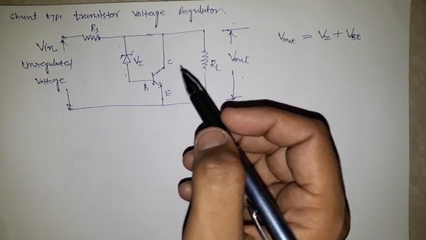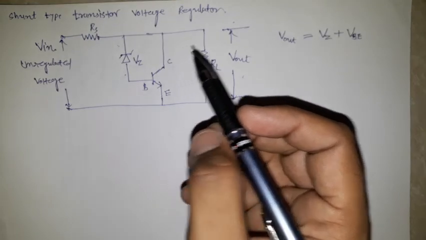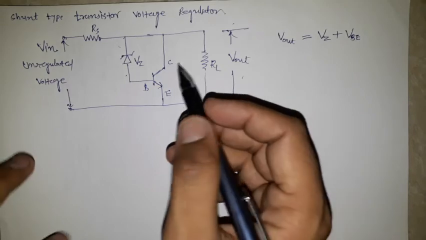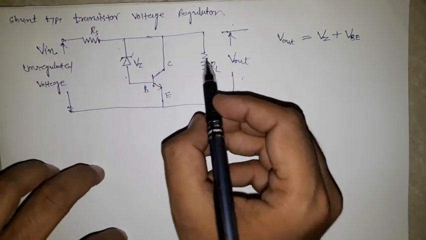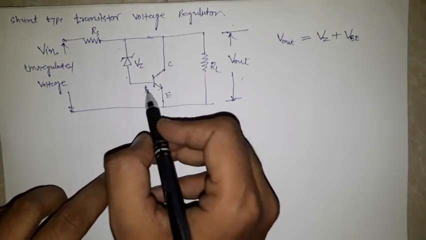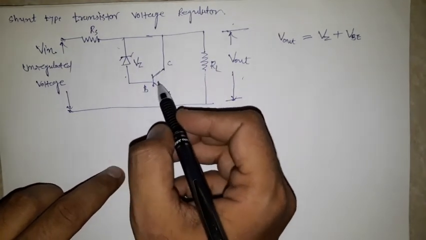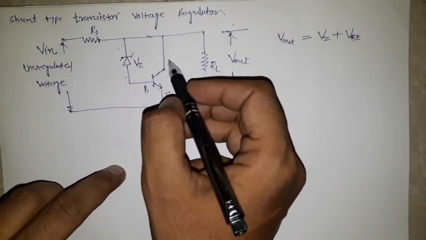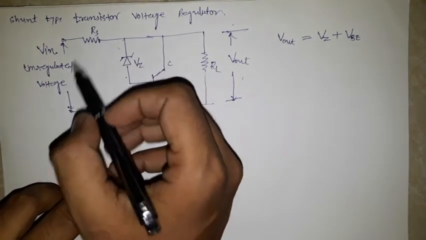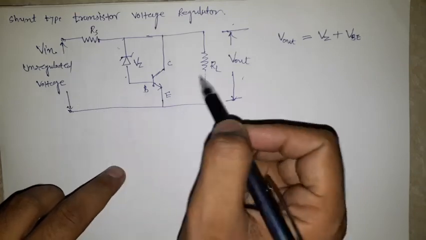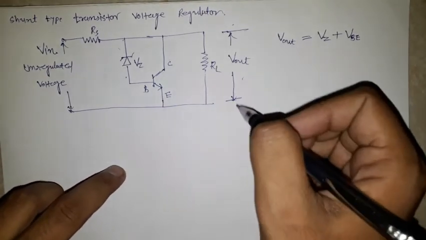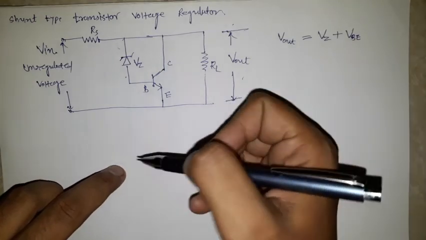This time the only noticeable change is a slight decrease in the output voltage. Due to this decrease in the output voltage, there is a decrease in the base voltage, and due to this there is less collector current and less voltage drop across RS. The result is that the output or load voltage slightly decreases.